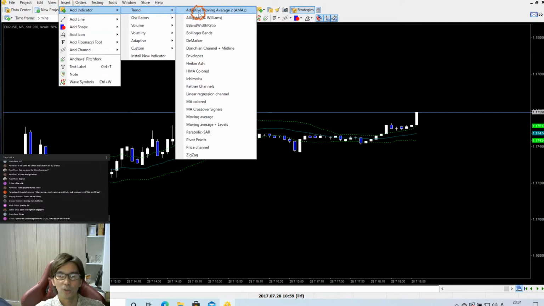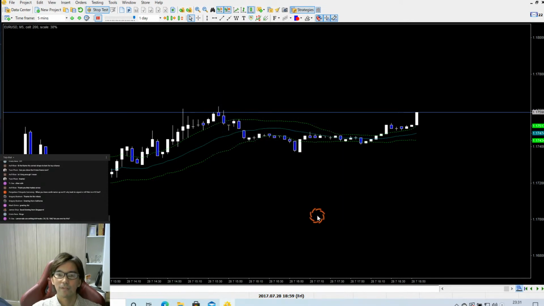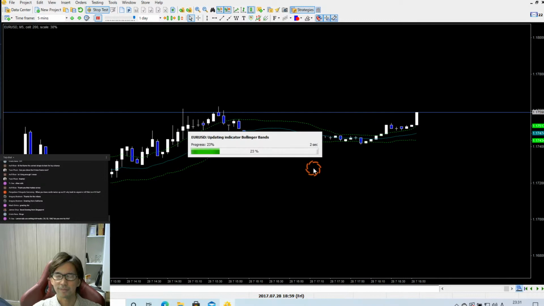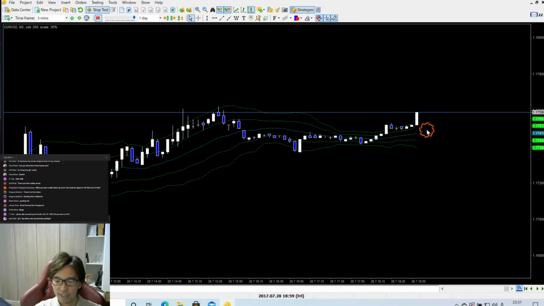If you want to show double Bollinger Bands, you need to add 2 Bollinger Bands, one with deviation 1 and the other with deviation 2, like this. Then you get these 2 bands. So these are the Bollinger Bands, and now it's band walking. The price is in between deviation 1 and 2. So this is band walking.